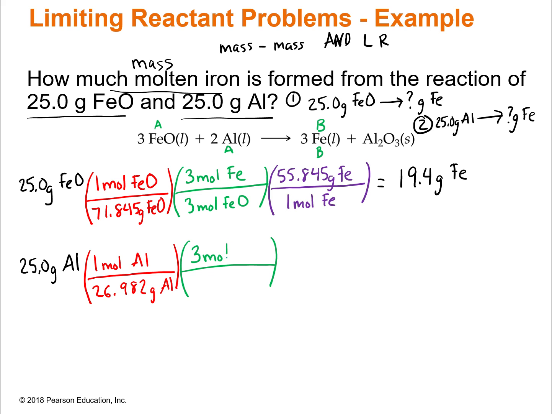3 moles of iron goes on top. 2 moles of aluminum at the bottom. This last part is going to look the same because we're taking moles of iron and converting to grams.